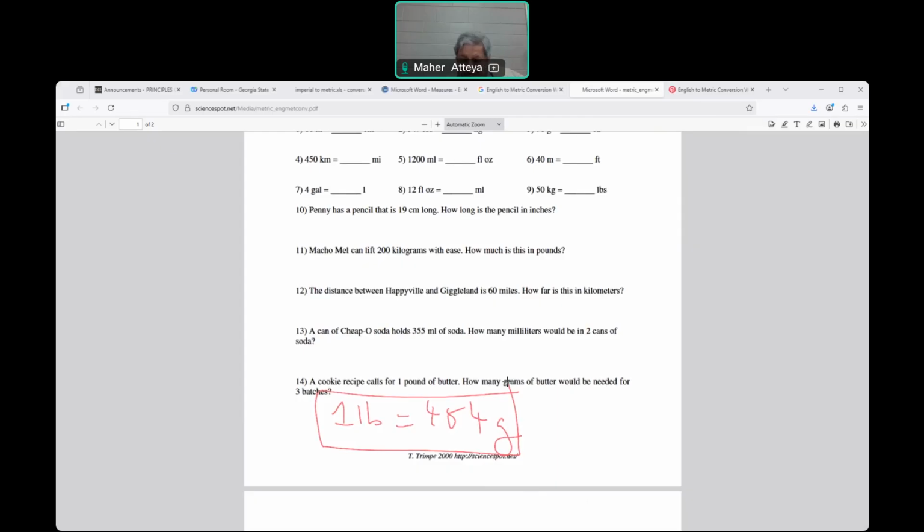So how many grams for 1 pound? The pound is by definition 454 grams, and that's what the answer is. 1 pound is equal to 454 grams.